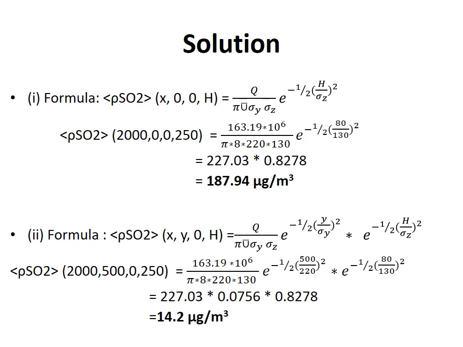Again, we have the value of Q as 163.19 into 10 raised to 6 microgram per second, and the value of U as 8, value of sigma y 220, sigma z 130, capital H 80, value of y 500, and substituting these values, we get the value for rho SO2 at 2000, 500, 0, 250 as equal to 14.2 microgram per meter cube.